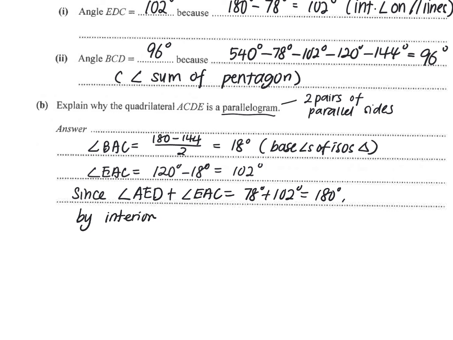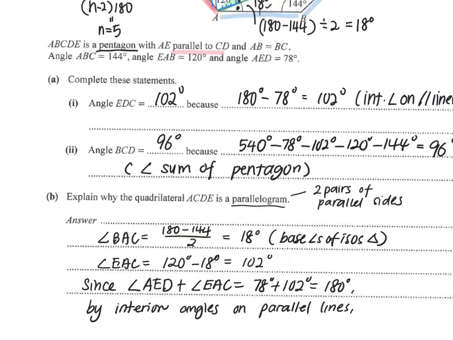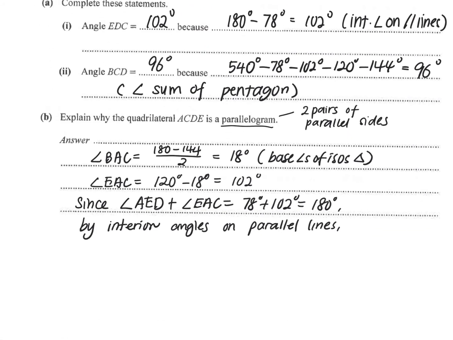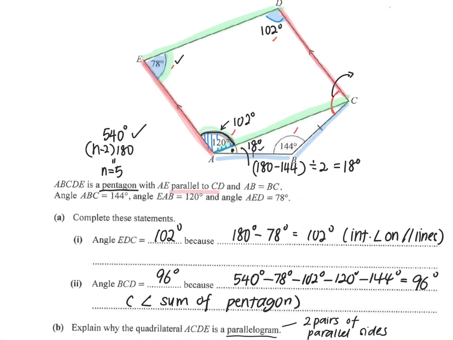In this case we need to explain, so we'll need to write the full property name: interior angles on parallel lines. I conclude that the line ED is parallel to AC.